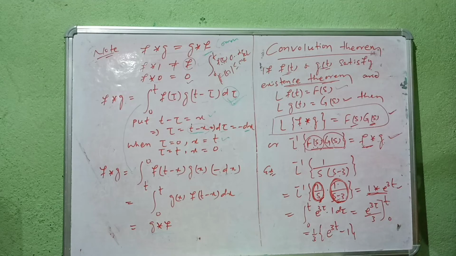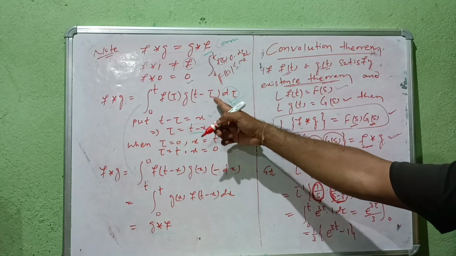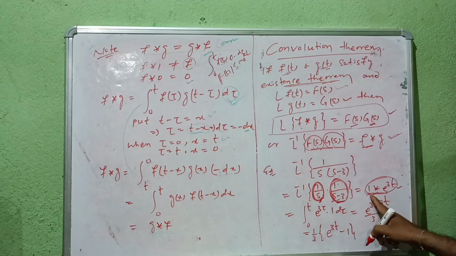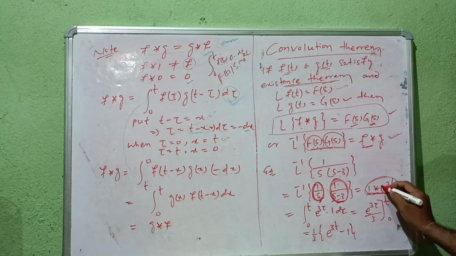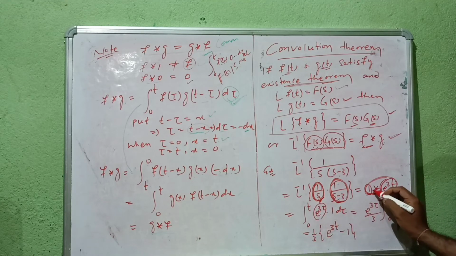The convolution of 1 and e to the power 3t. So we only need to find the convolution 1 star e to the power 3t. Clear? As usual, we can apply the formula to find the convolution, taking one as f and the other as g. So f of tau is e to the power 3 tau, and g of t is 1.